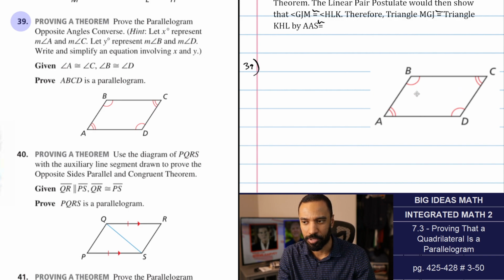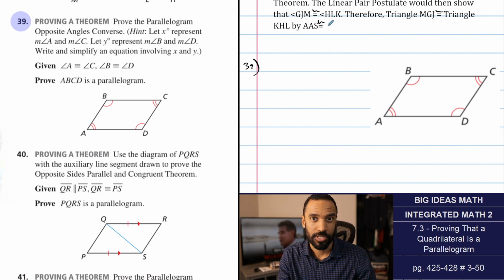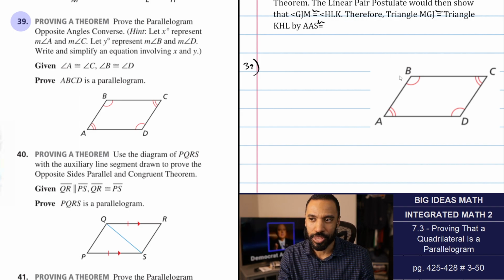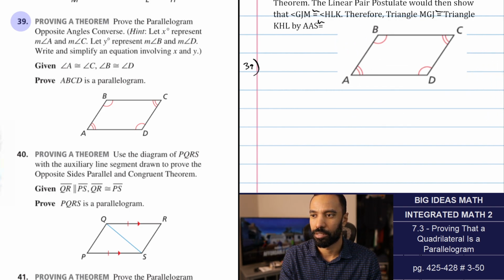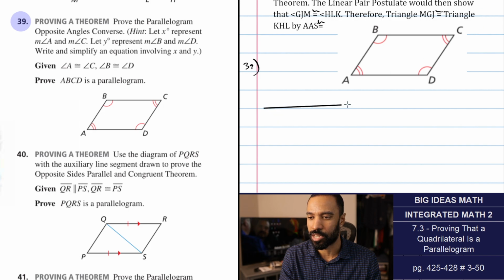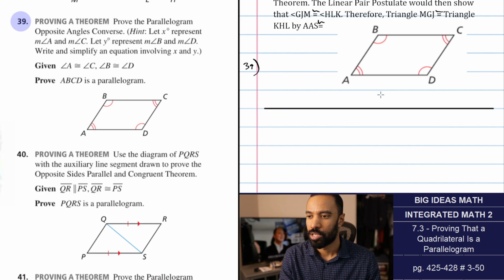We know that all of them add up to 360, so any two of them would add to 180. Ones that add to 180 are supplementary, and same side interior angles that are supplementary would have parallel lines. I think working off that would be a little bit cleaner, because I won't have to draw diagonals to split something that's not even split into two congruent parts. So let's go off that.